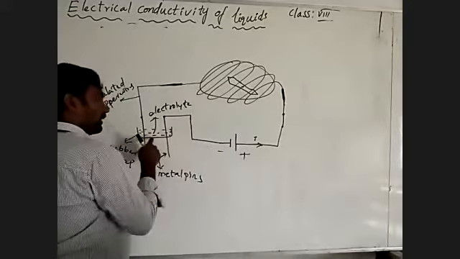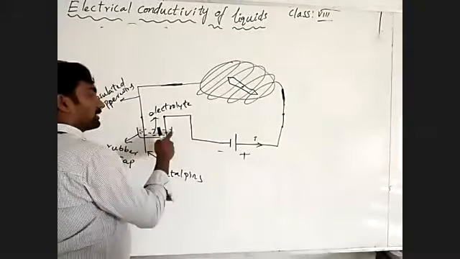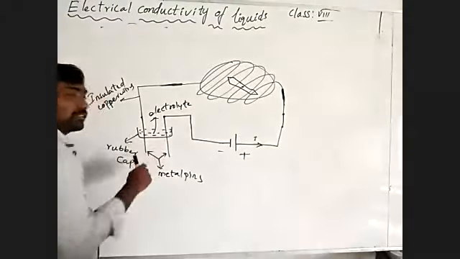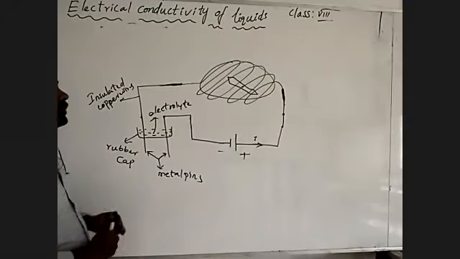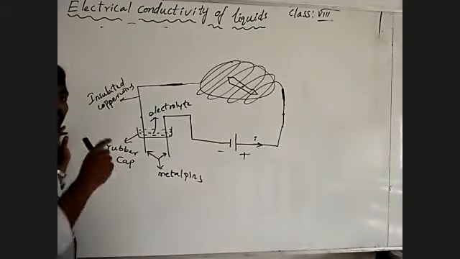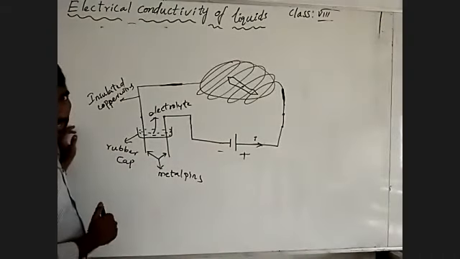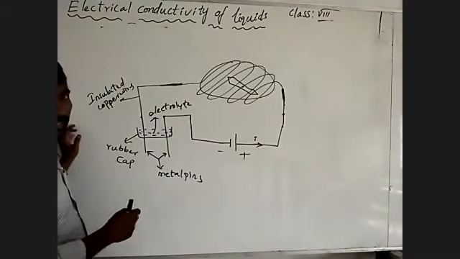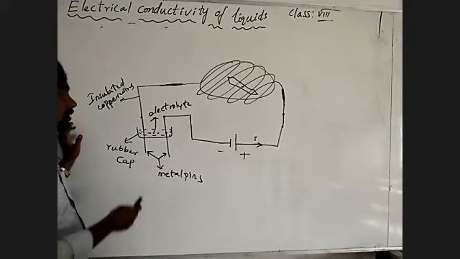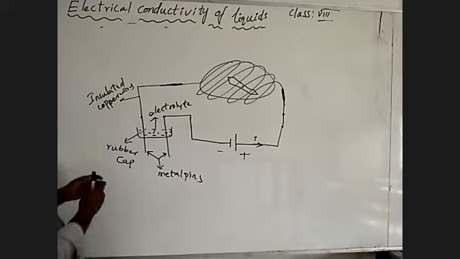If the liquid we utilized in that rubber cap is a good conductor, how do we identify it? If there is an LED bulb, we can identify that the liquid is a good conductor because it gives a glow. Then how is it possible to identify now that the liquid is acting as an electrolyte?